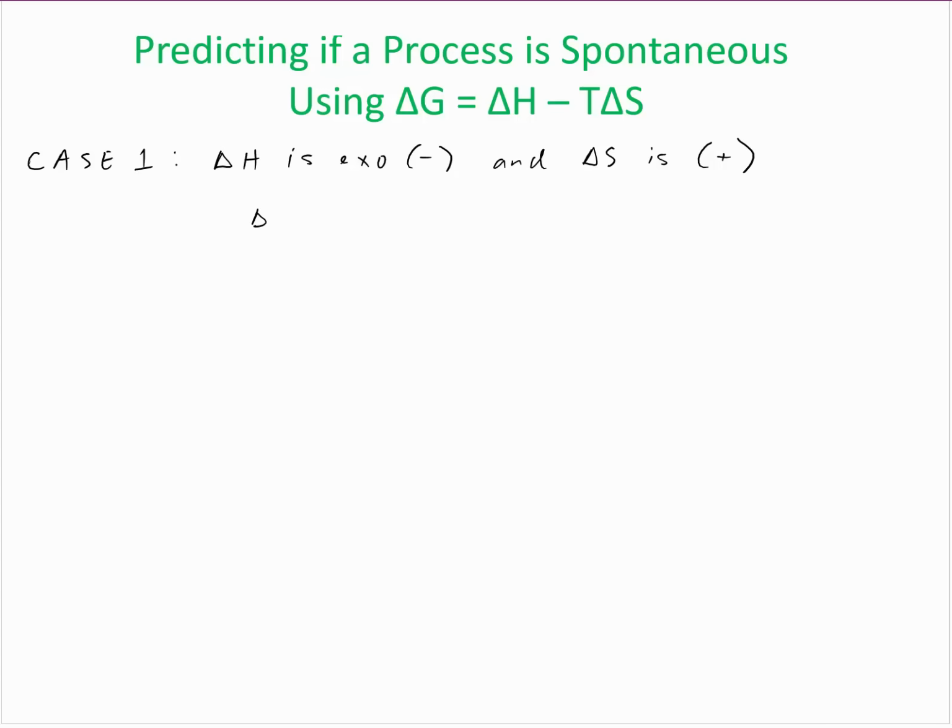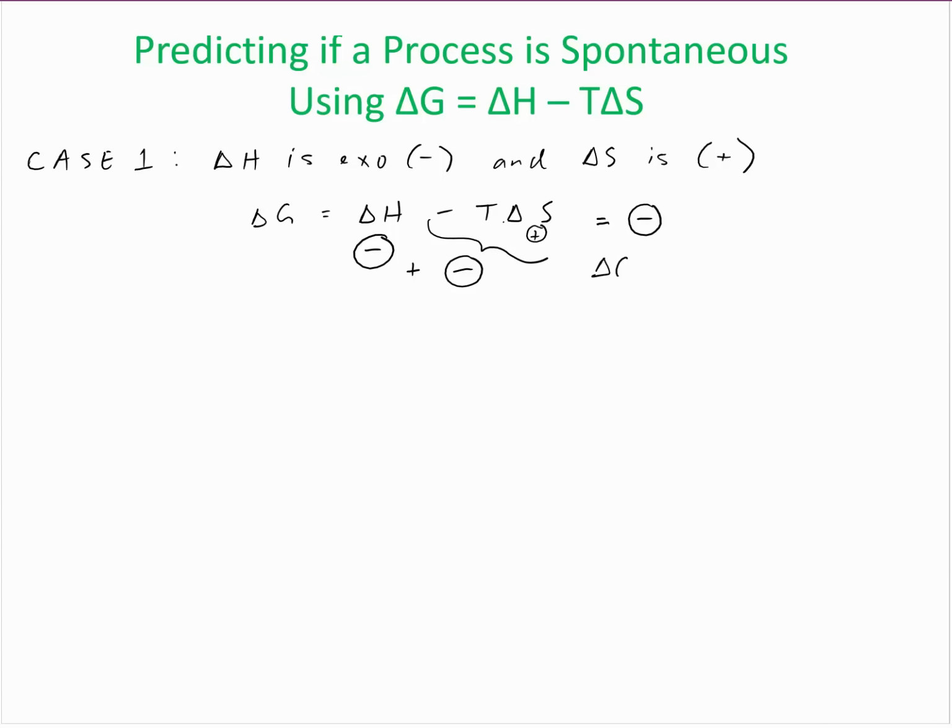Okay, so let's analyze what would happen to delta G. You get negative H minus T delta S. If this number is negative, and you created more chaos or more disorder, this value is positive, making this whole term negative. So negative plus a negative will always be negative. Delta G will always be negative.